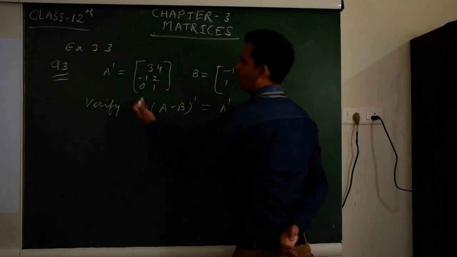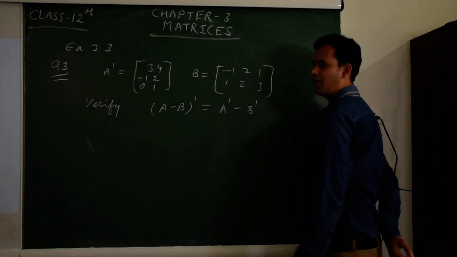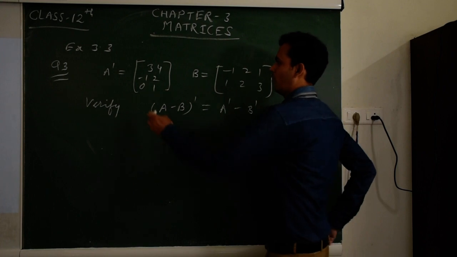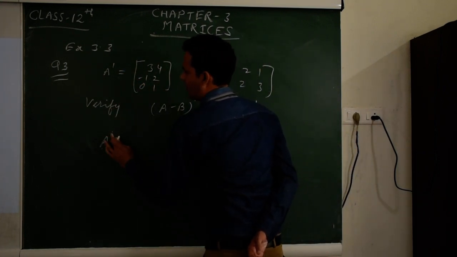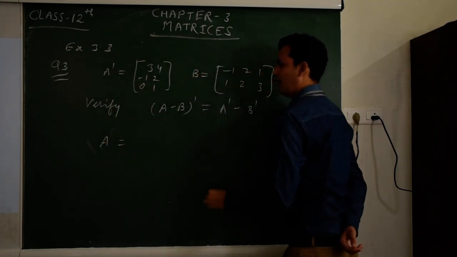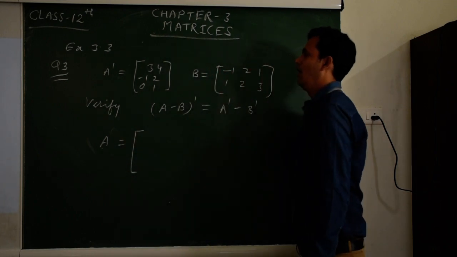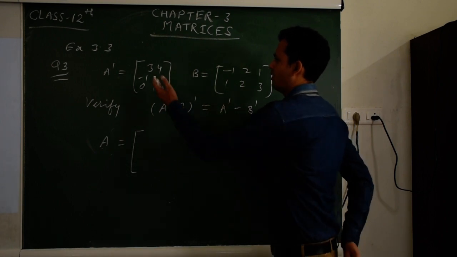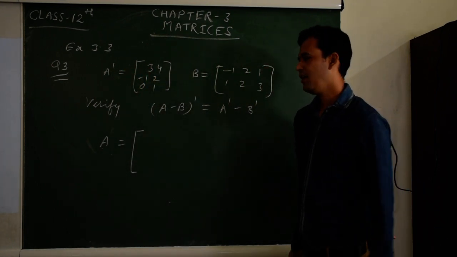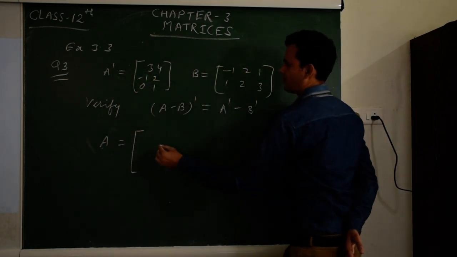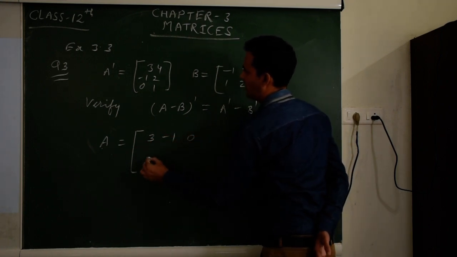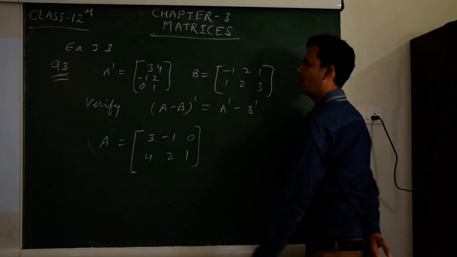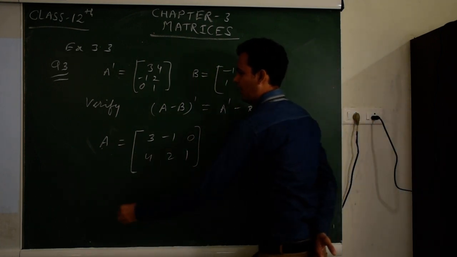So first we find A, because for LHS we need A. From this A dash we find A. Rows changed into columns is called transpose. Here the transpose is given, so we find the A matrix as 3, minus 1, 0 and 4, 2, 1. This is the A matrix. Now we find LHS.